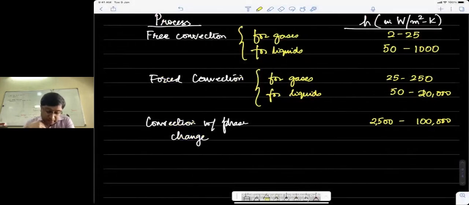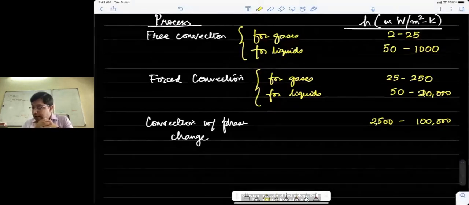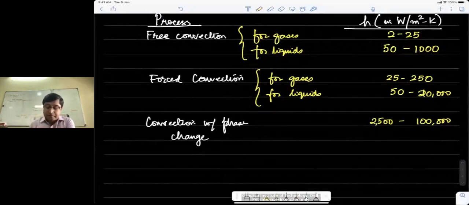More details will come at a later stage when we do an active study of convection in this course. For now, we will assume that the convection heat transfer coefficient is given and presumed to be known, and we will go ahead with those calculations without worrying about how to calculate that number. Later we will see how this is calculated.